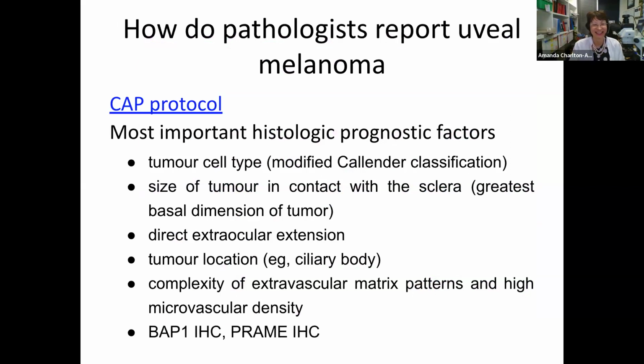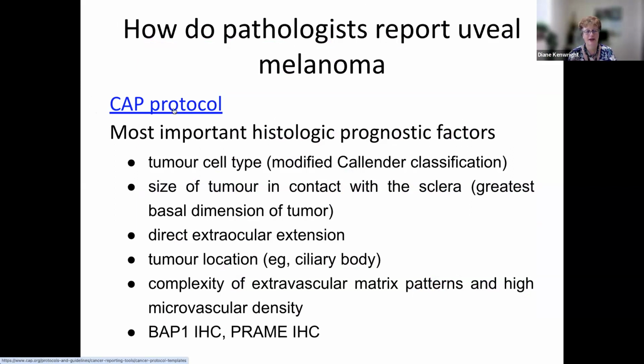Right. So what's the most important thing that pathologists report? You'll often see that people use a thing called the CAP protocol, which you can link to on the slide. This is the College of American Pathologists protocol, which both Amanda and I like for reporting uveal melanomas.